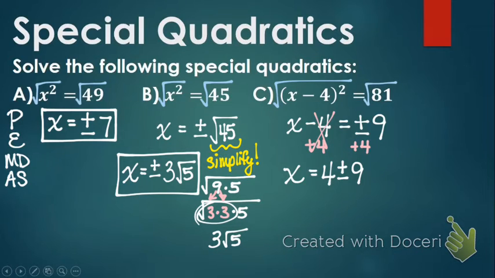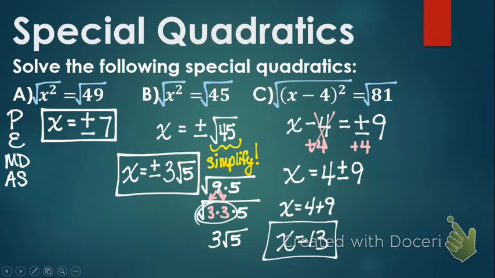Is that fully simplified? No. How many answers do I get from it? 2. Tell me how to get one of them. 4 plus 9, which would give me 13. How do I get my other answer? Yep, x equals 4 minus 9, which is what? Negative 5.